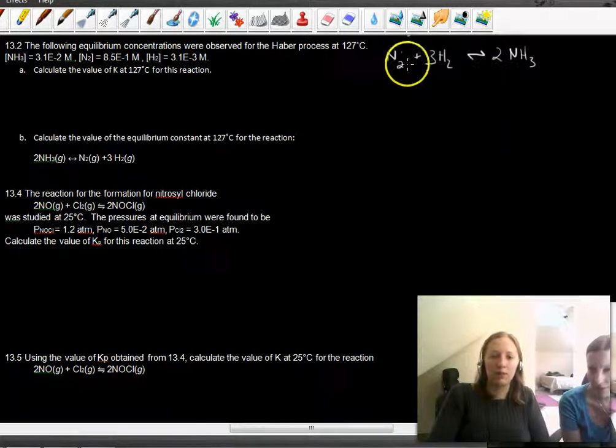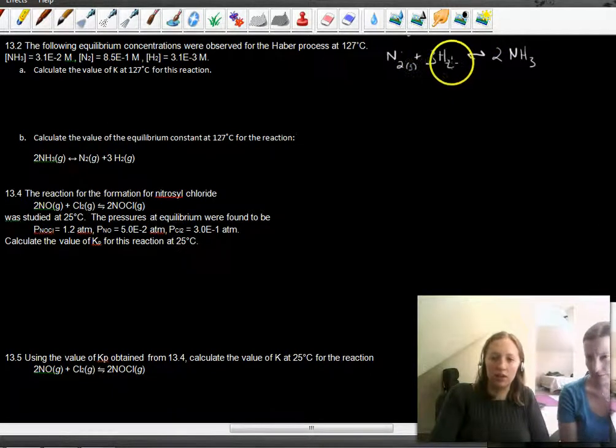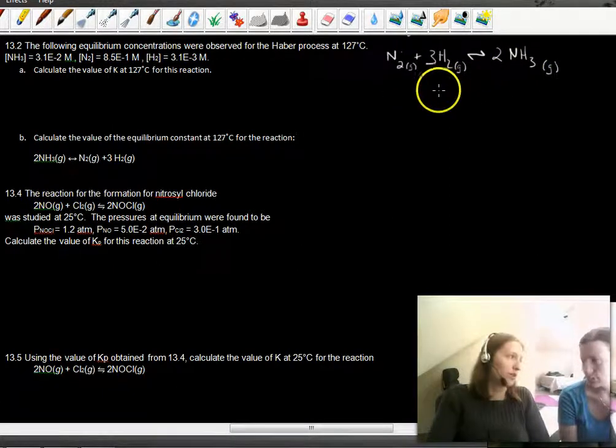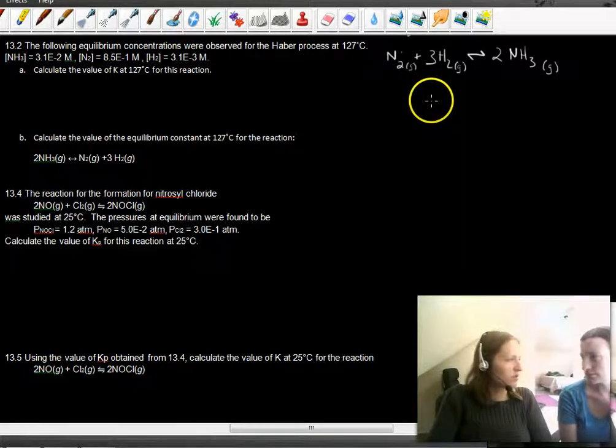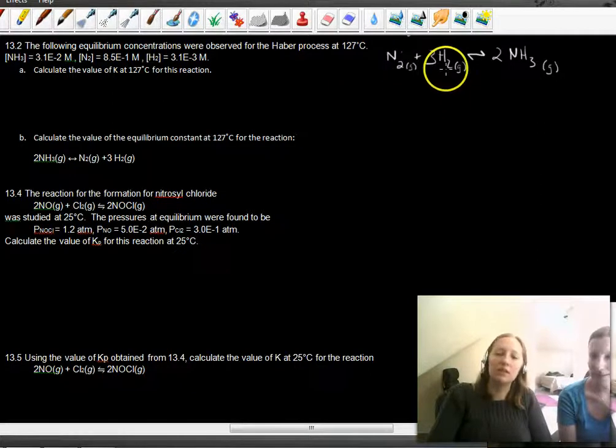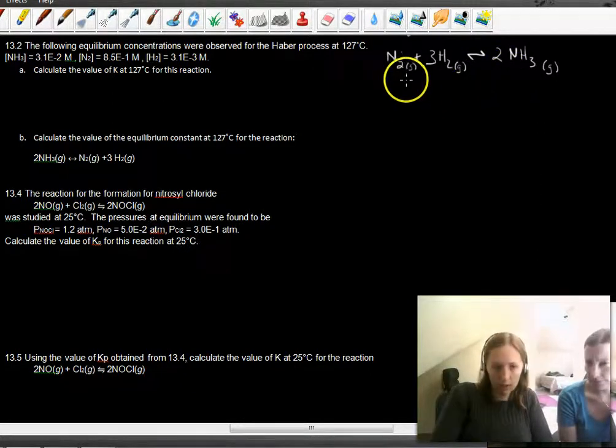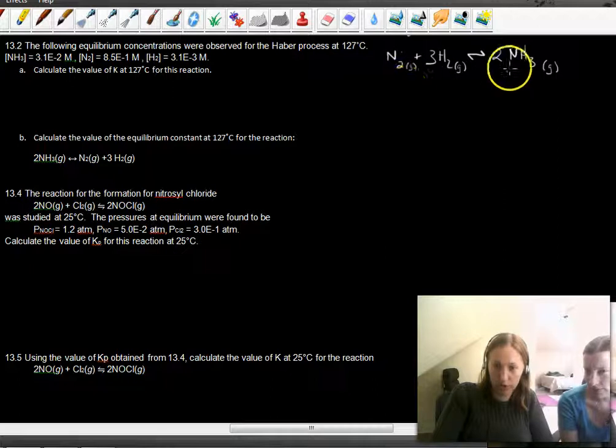Yeah. And they're all gases. We'll learn in a little bit that gases and aqueous solutions work because you can have concentrations of them, but not so much with a pure liquid or a pure solid, because what is the concentration of a solid? You don't know.